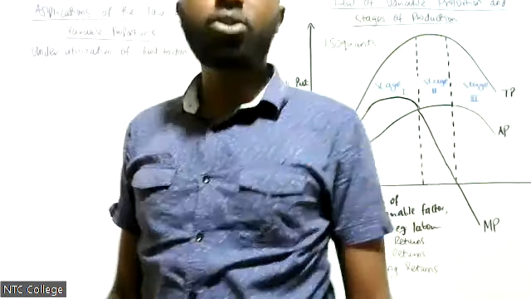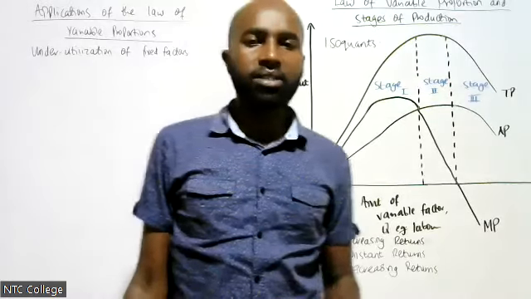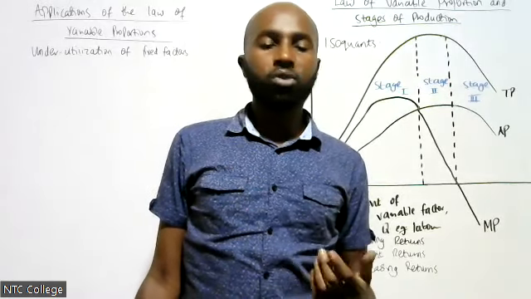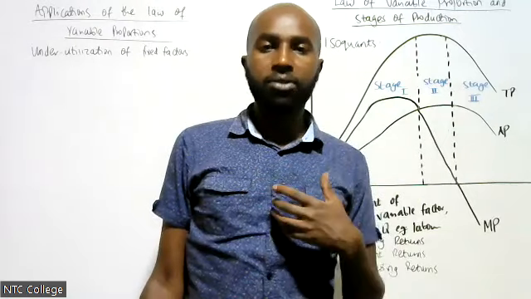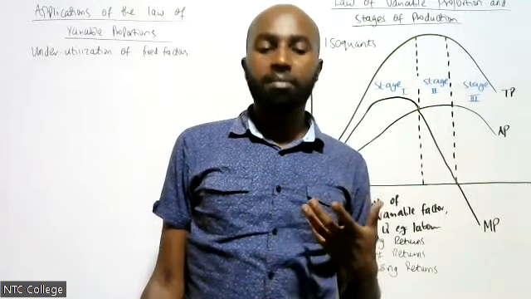Now, since you are able to understand how resources are underutilized, it would also be very interesting for you as a producer to try and understand what is the optimum level of production.